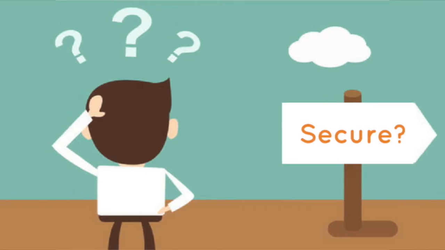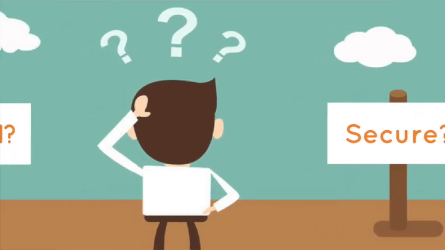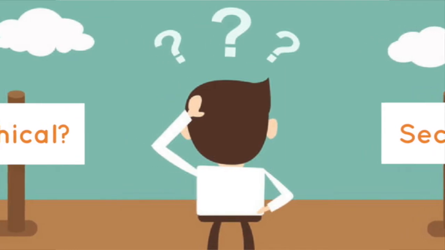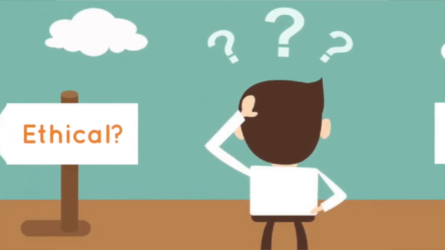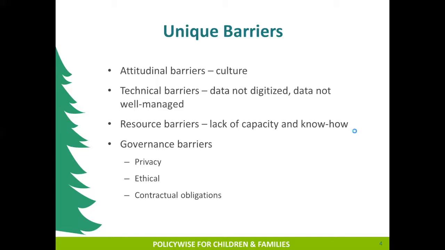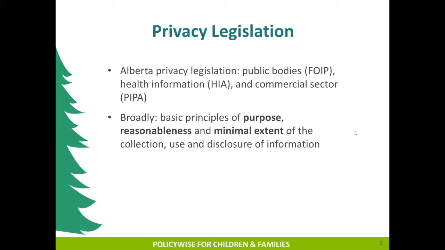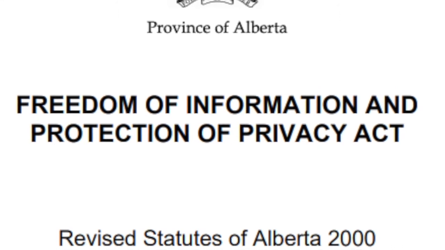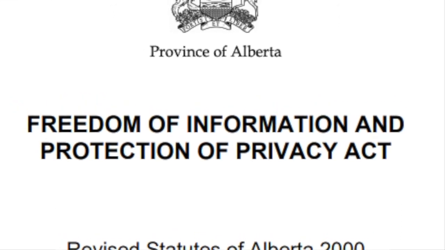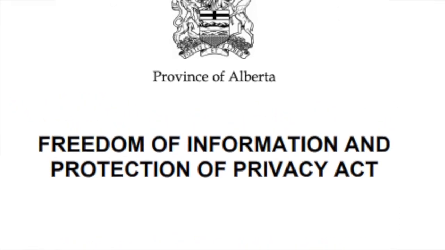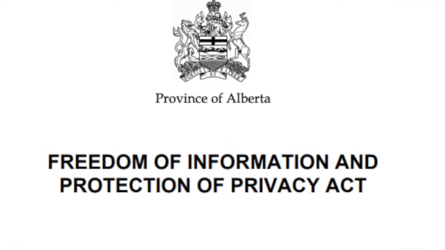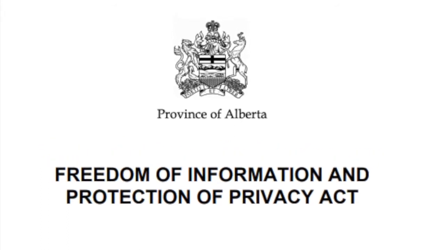Today, we will focus mostly on governance barriers, and within that, mostly on the privacy and ethical issues around the use of this data. There are three key pieces of legislation to consider here. Of course, there are others, but let's focus on FOIP, the Freedom of Information and Protection of Privacy Act, which mostly applies to public bodies in Alberta, say government or Alberta Health Services.